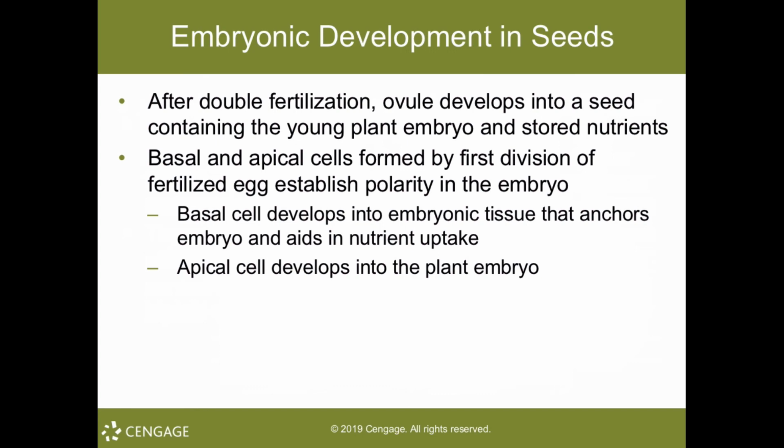So the embryonic development in seeds is orderly and predictable. The flowering plants package a young embryo, complete with stored nutrients in a compact seed, which develops from the ovule after fertilization.